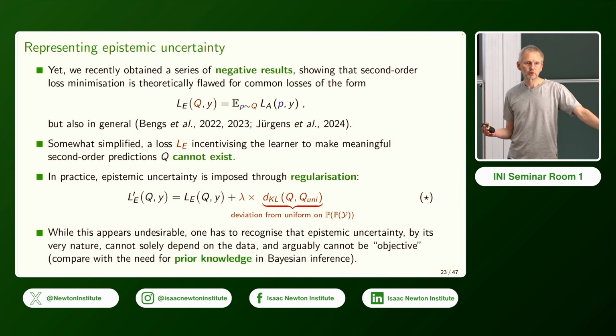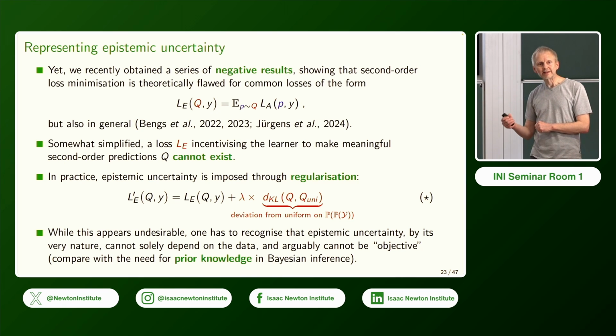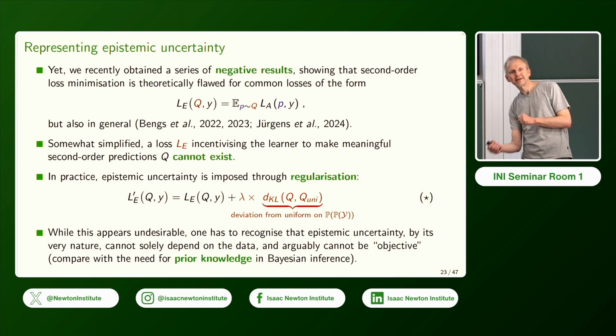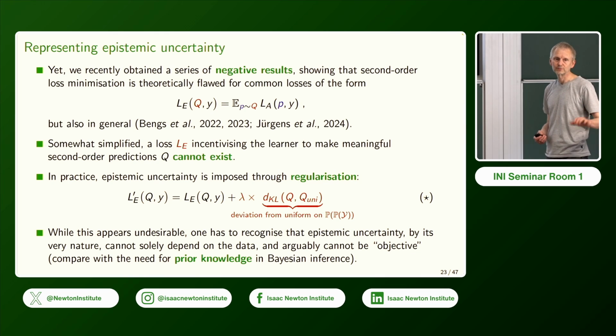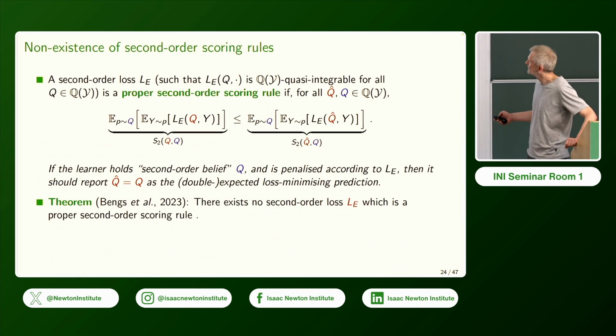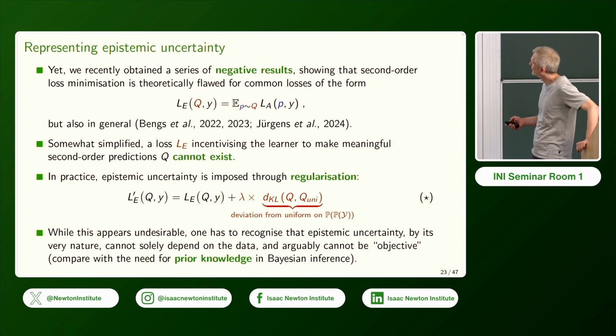In the Bayesian approach, you have the same: the epistemic uncertainty depends on how you specify your prior. But there, at least, you do it in a very explicit way. Here, it comes in implicitly, and is not made very explicit. This is what I wanted to say. Okay, I will come back to this in a minute.